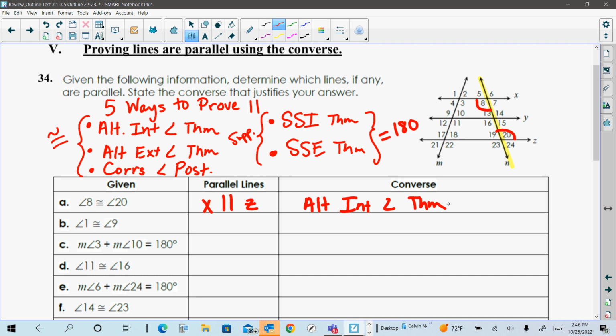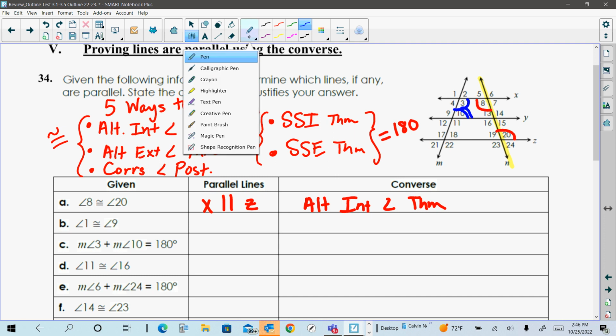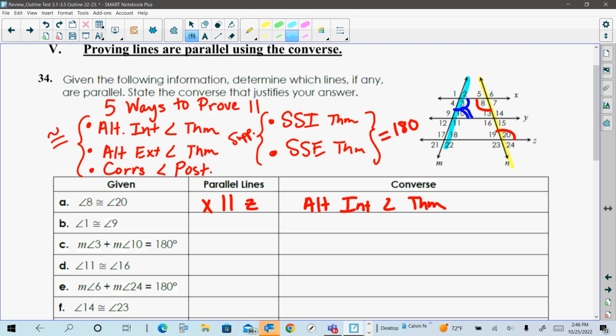Now on C, they want us to look at angle 3 and angle 10 being a sum of 180. So if 3 and 10 comes into place, then now M is the transversal, because that's the line they have in common, which would mean that X would have to be parallel to Y using same side interior, because they equal 180, which is what I need for same side interior.